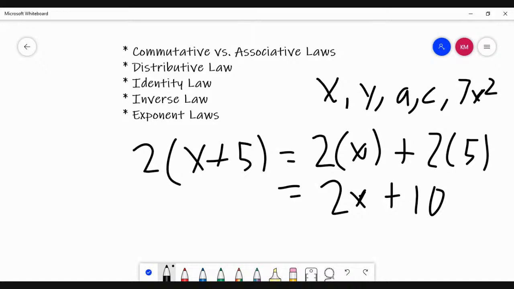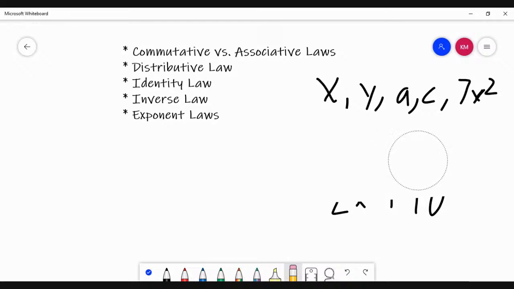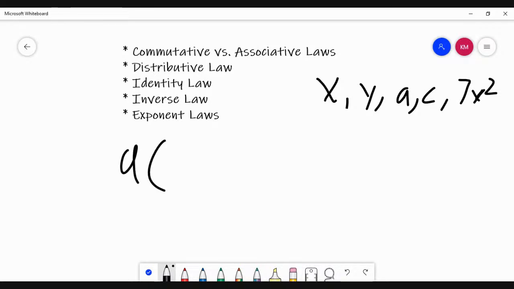Another cool use of the distributive property is when you start doing binomials in algebra. And we'll touch on this a little bit more when we get ready to multiply monomials, meaning you are multiplying a monomial to a binomial. Monomial means one term, which would be a, to a binomial, which could be 2x plus 5.